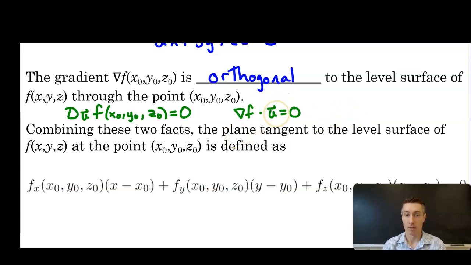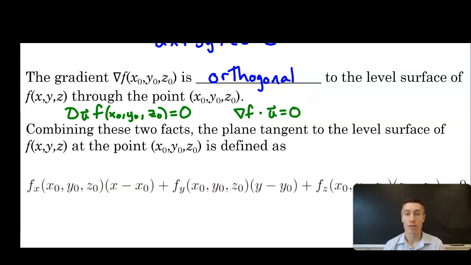So we have this vector that keeps us on the level surface. It would be tangent to the surface. And then the gradient vector is normal to the tangent vector, which means it is normal to the surface at the point. Right? A more intuitive sense, if you think about concentric spheres, so imagine you are standing on a sphere of radius 1 centered at the origin, and you want to move to a sphere of radius 2 in the fastest way possible.